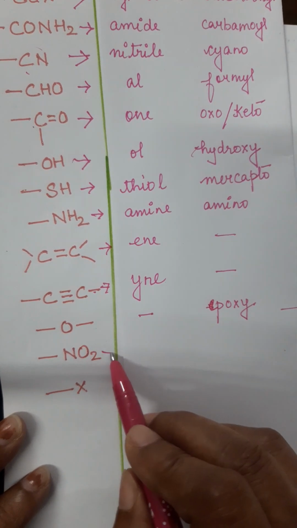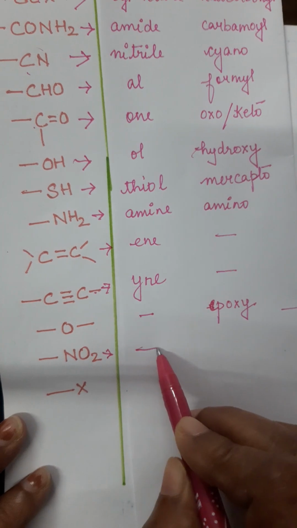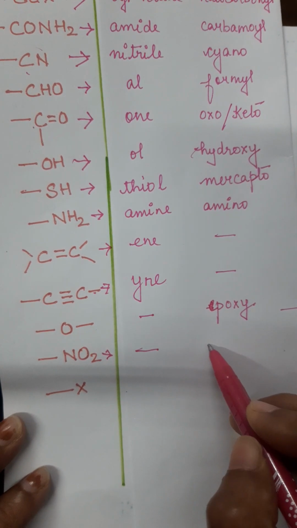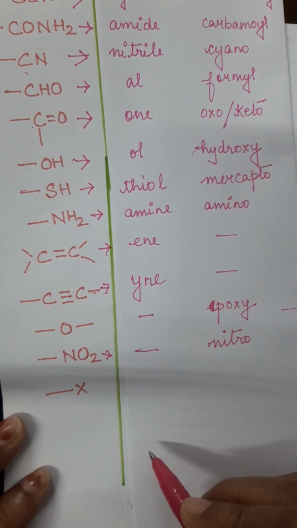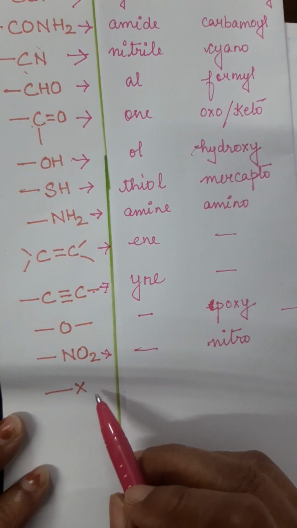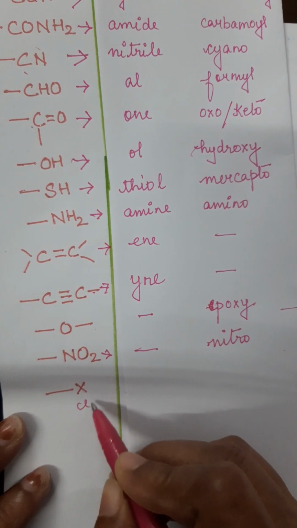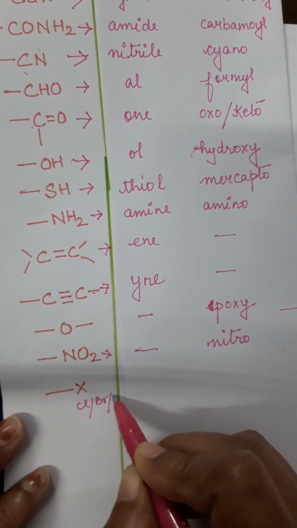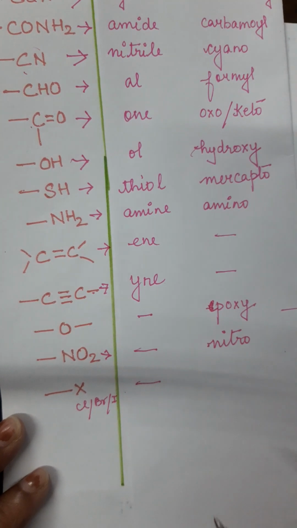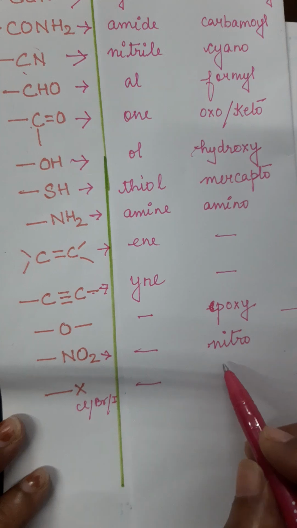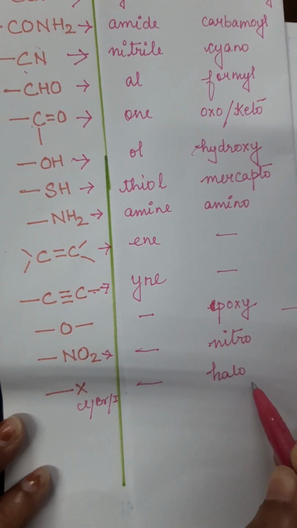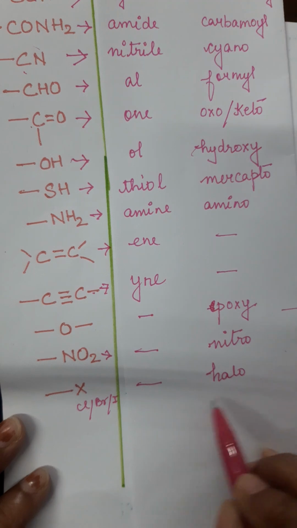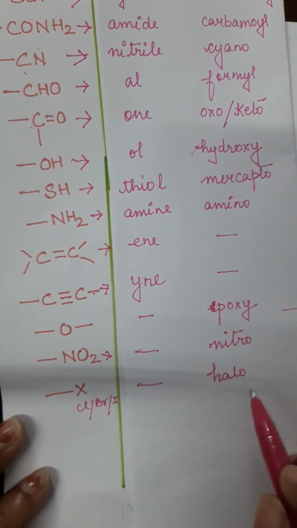Then NO2, again it does not have any suffix, but it is named as nitro as a prefix. And this represents halogens, Cl, Br, I. This also does not have any suffix and it is named as halo, that is chloro, bromo, iodo as a prefix. I hope you understand.